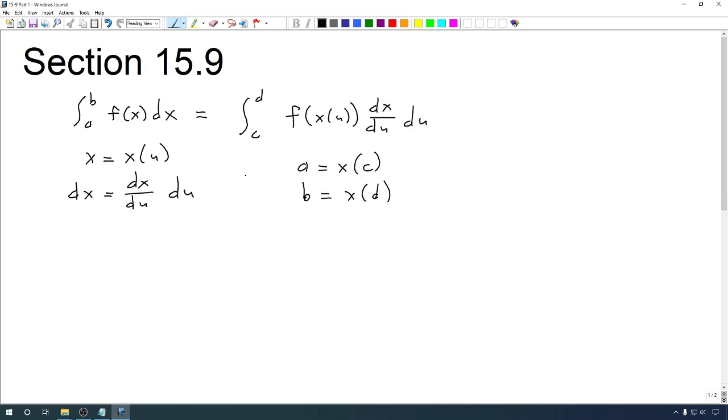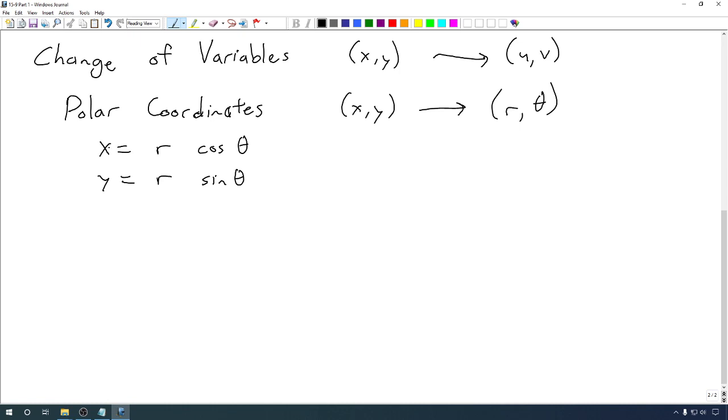Just like what we had with our function of one variable, we have our old variables x and y in terms of the new variables r and theta, and that's generally what we'll be seeing. Sometimes we have it the other way around, and we'll have to solve to get formulas like this. So in some situations you might have r and theta, or u and v, in terms of x and y, and you have to put it the other way in order to use some of our formulas here.